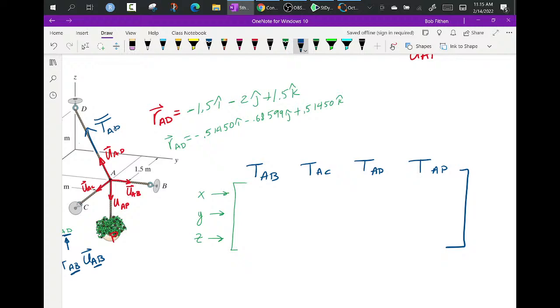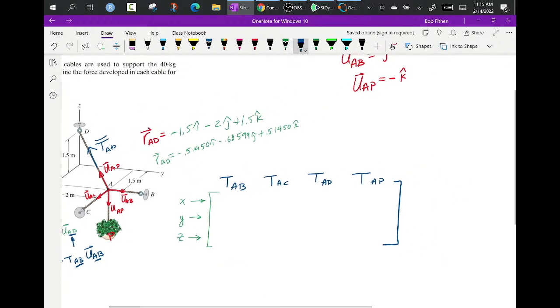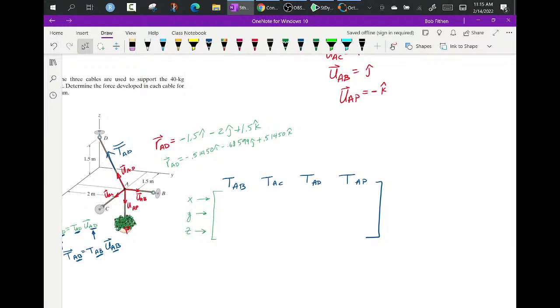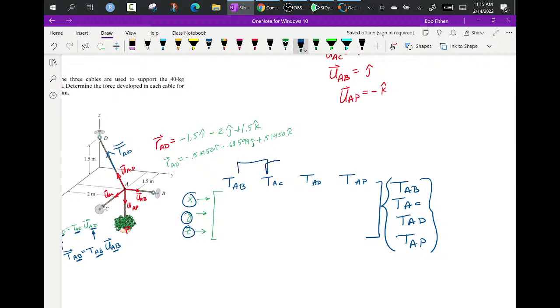Now, if I'm doing it this way, I'm going to let you think about this for a minute. Then the vector that I'm multiplying is TAB, TAC, TAD, and TAP. Now there's three equations. I've listed it as if there are four unknowns, but in fact there's not, because you do know this one.